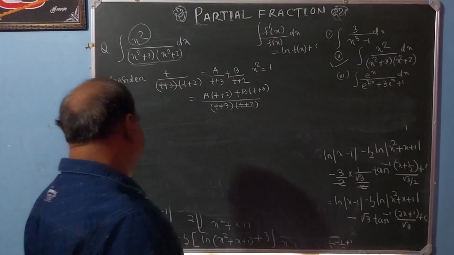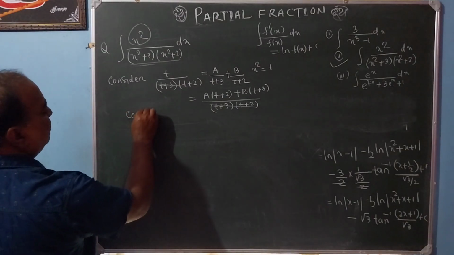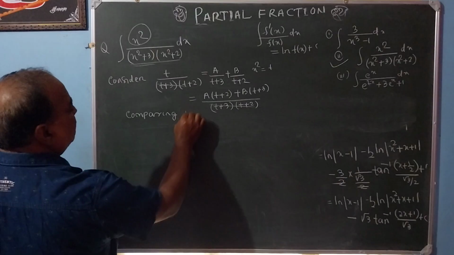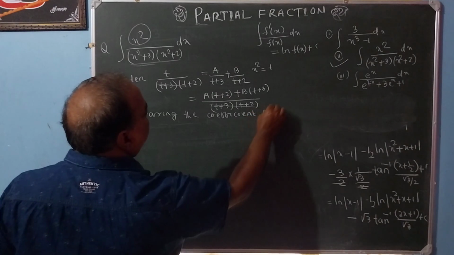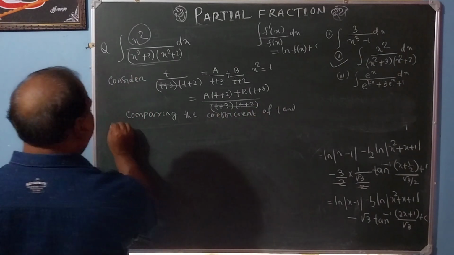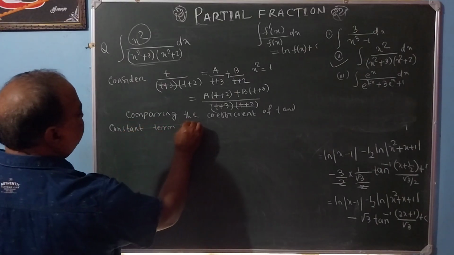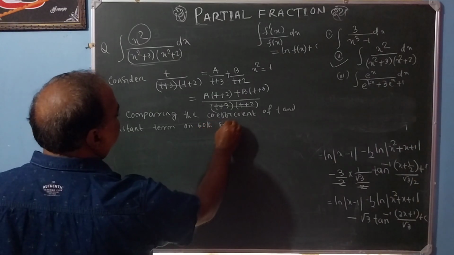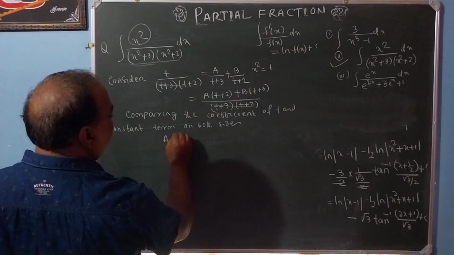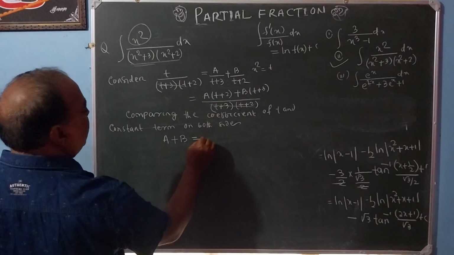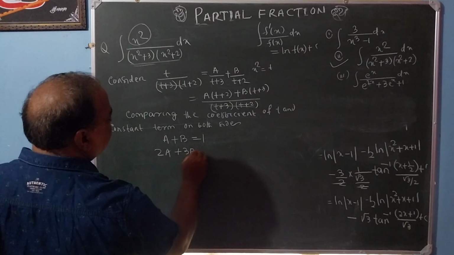Comparing the coefficient of t and constant term on both sides, we get a, coefficient of t is a, here coefficient of t is b, here the coefficient of t is 1, then constant is 2a plus 3b, here it is 0.